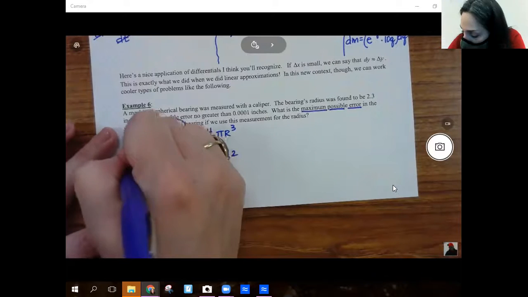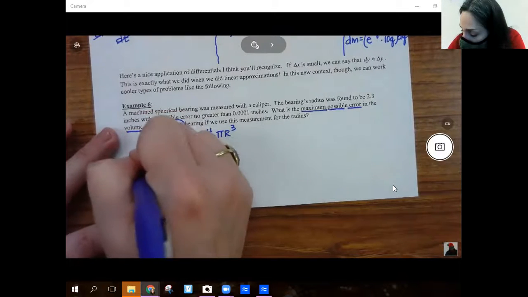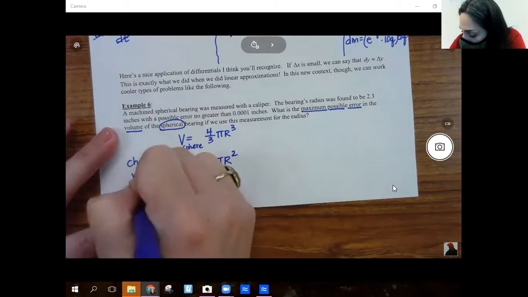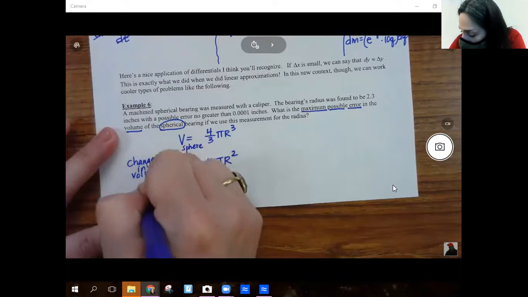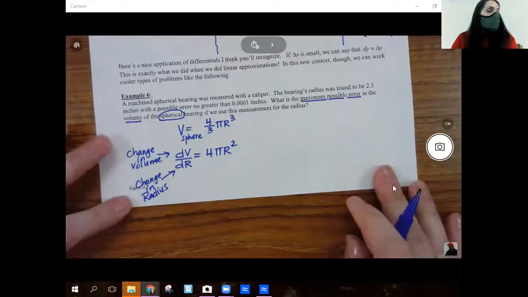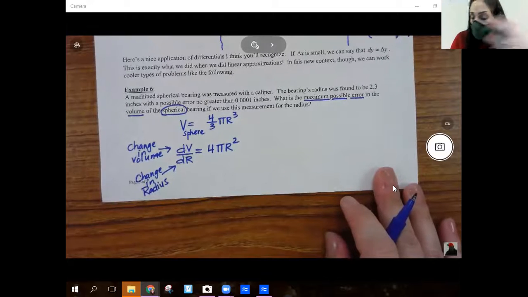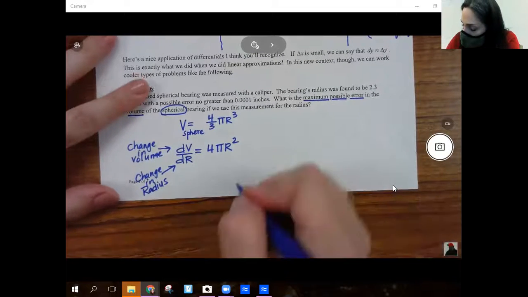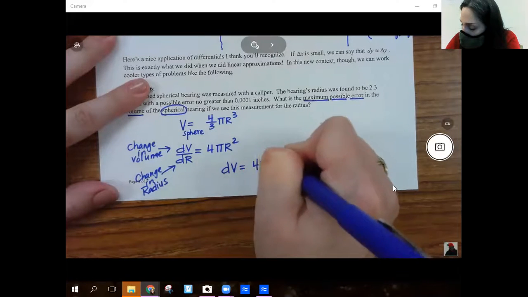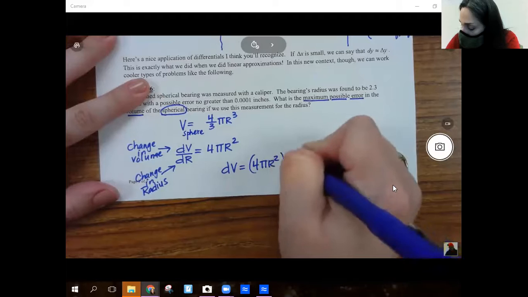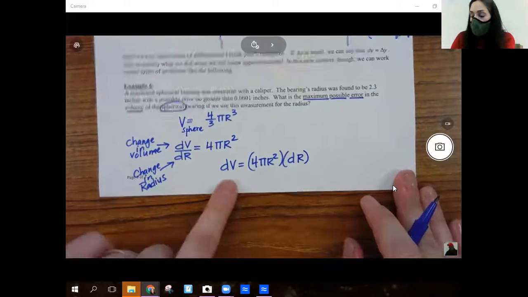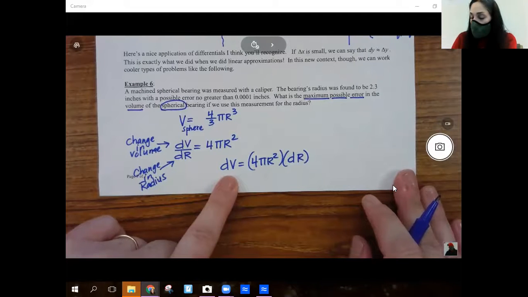This represents change in volume, and this represents the change in the radius. I'm trying to figure out the change in the volume, so I want to get dV by itself. So dV equals 4 pi r squared times dr. Multiply by dr on both sides to get change in volume all by itself.